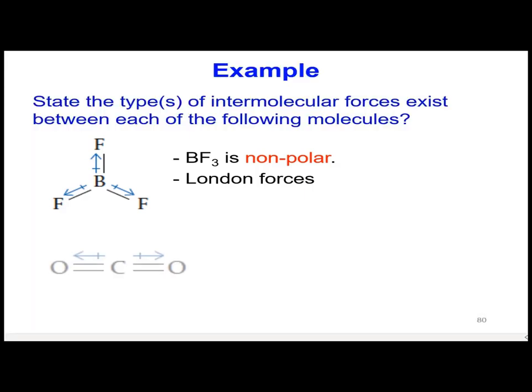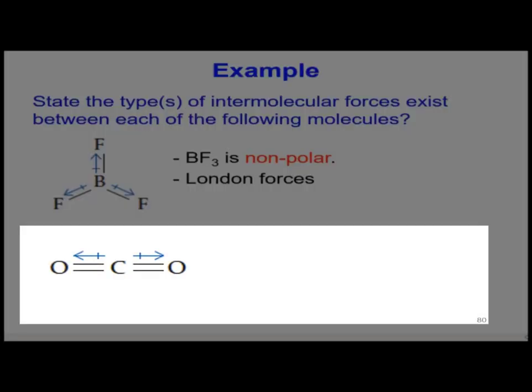For the second example, CO2. Okay, let's take a look at the shape of CO2. CO2 has a symmetrical shape, which is linear. Since both of the terminal atoms are oxygen, both oxygens bear partial negative charge since oxygen is more electronegative than carbon.